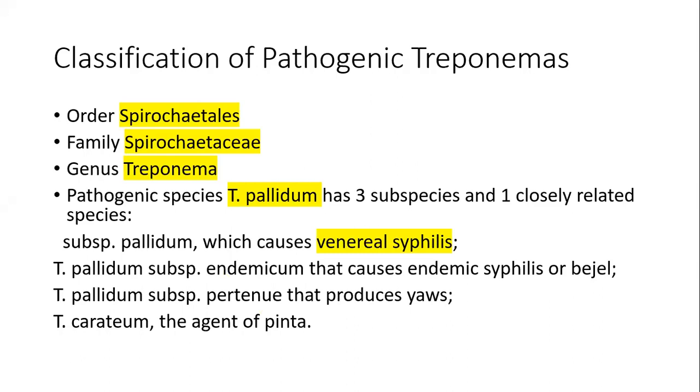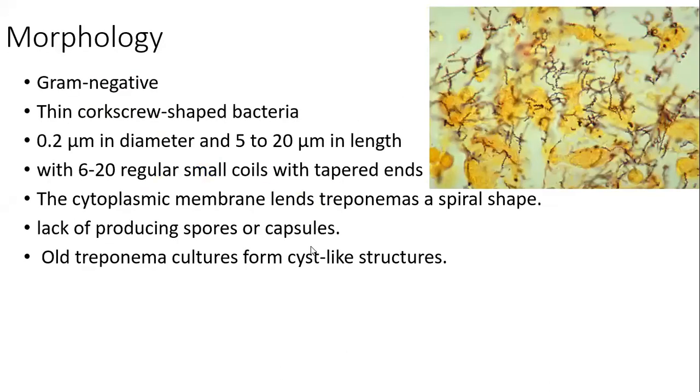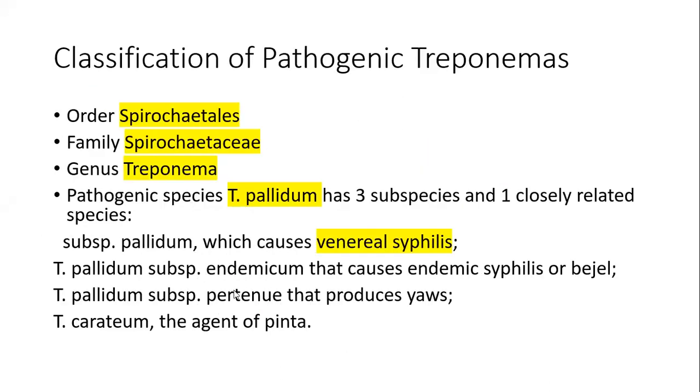And Treponema pallidum has 3 subspecies and 1 closely related species: subspecies pallidum, which causes venereal syphilis; Treponema pallidum subspecies endemicum, that causes endemic syphilis, or bejel; Treponema pallidum subspecies pertenue, that produces yaws; and Treponema carateum, the agent of pinta.